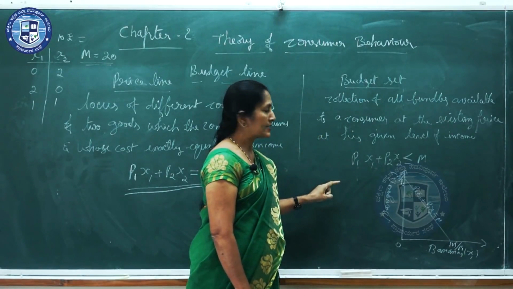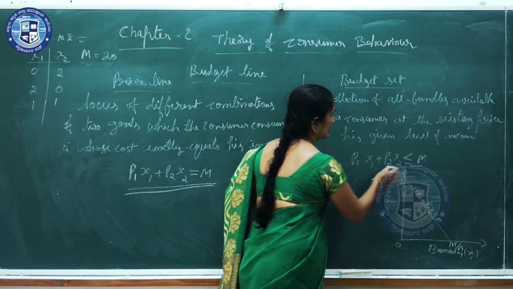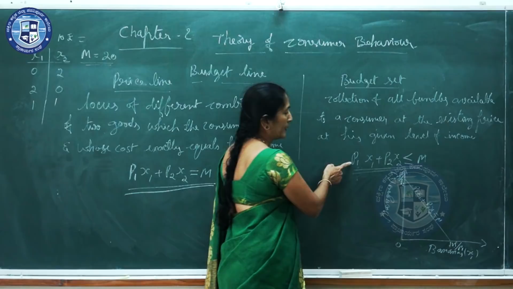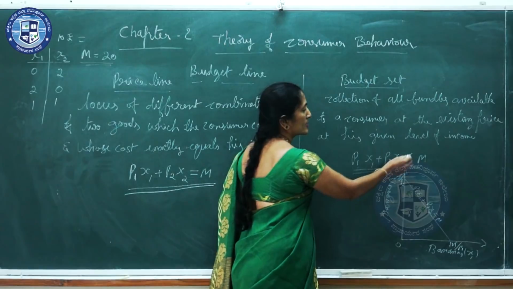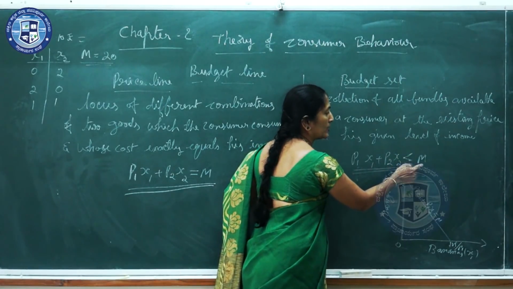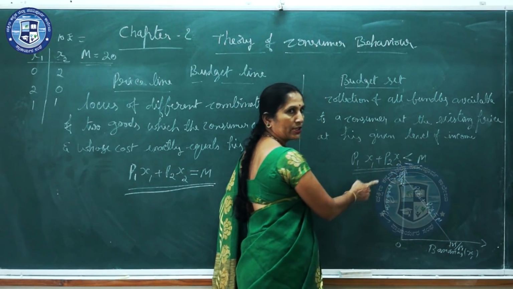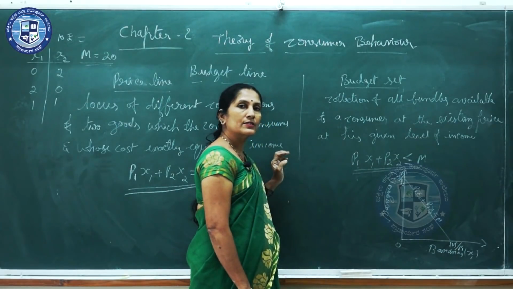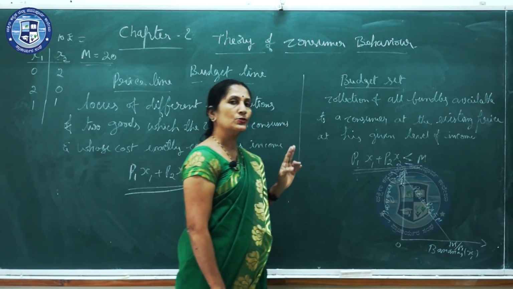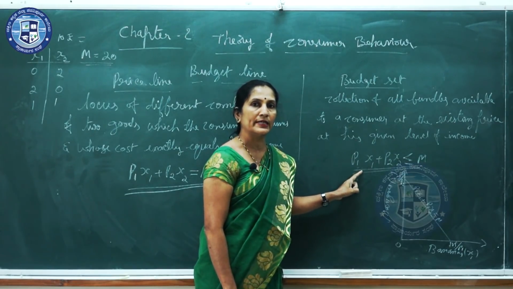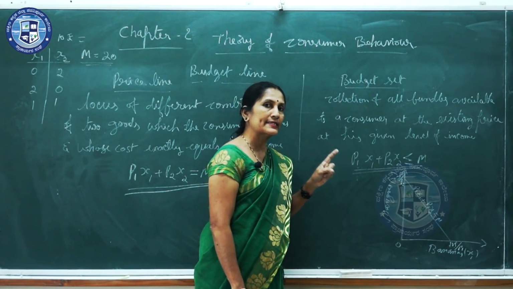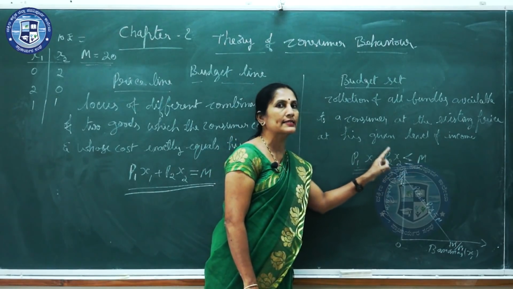The equation for the budget set we can write in this form: P1X1 plus P2X2 is less than or equal to M. In the budget set, the consumer can purchase different combinations of the two commodities whose cost need not be exactly equal to his income.